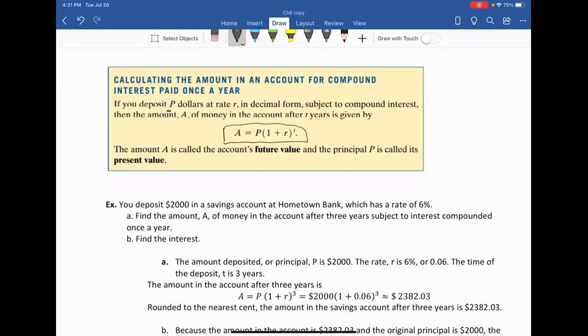So remember here, the question is compound interest paid once a year. That means they pay you once a year.